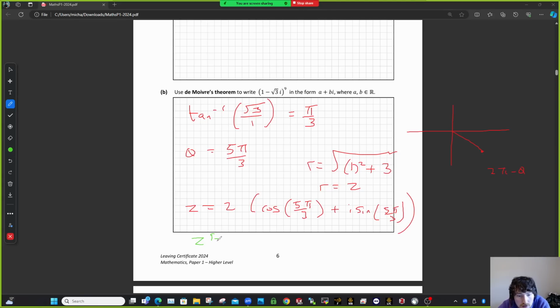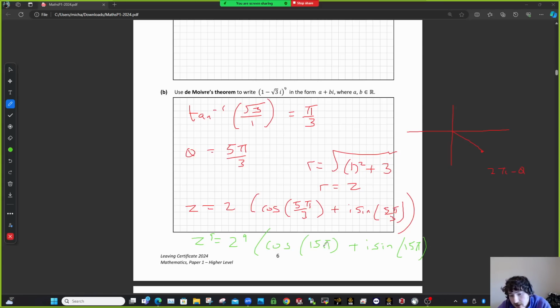z to the 9 equals 2 to the 9, then bracket cosine. If you multiply the angle by 9, the 9 and the 3 cancel and leave just a 3, so that works out as 15 pi in there, and 15 pi here too. You can do them in your head because you can take 2 pi's away; it's the same position.